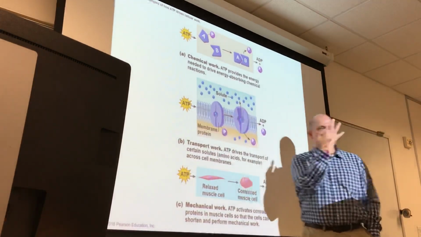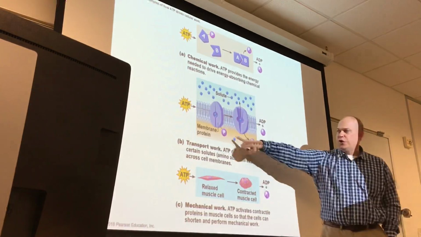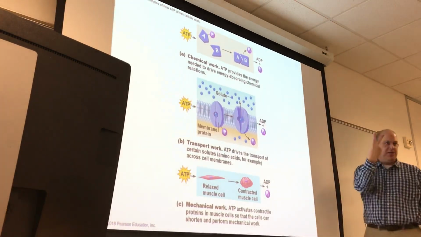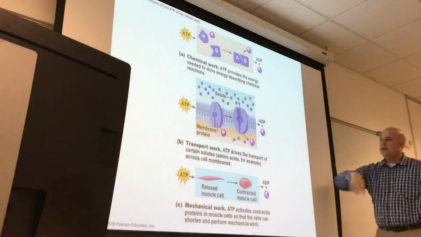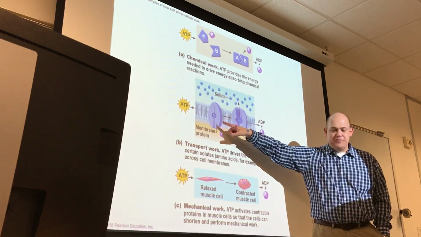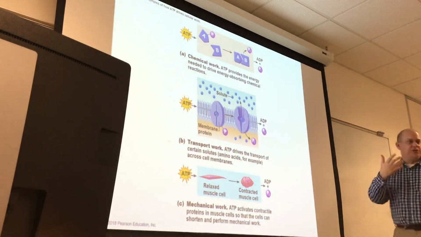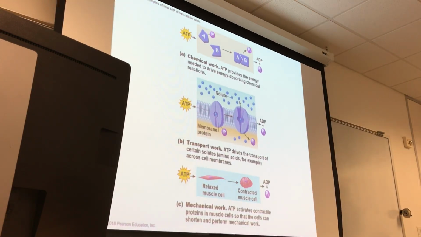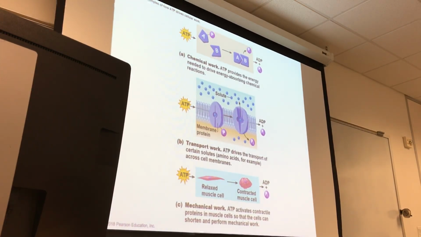ATP, adenosine triphosphate, will donate a phosphate group, turning ATP into ADP, adenosine diphosphate, and that phosphate group will link to this protein and physically force that protein to change its shape, therefore allowing some reaction to take place, allowing some change in the physiology of that cell to occur, thus allowing that cell to function properly.